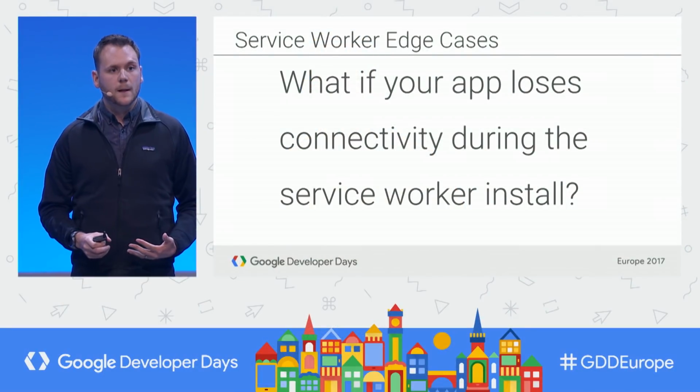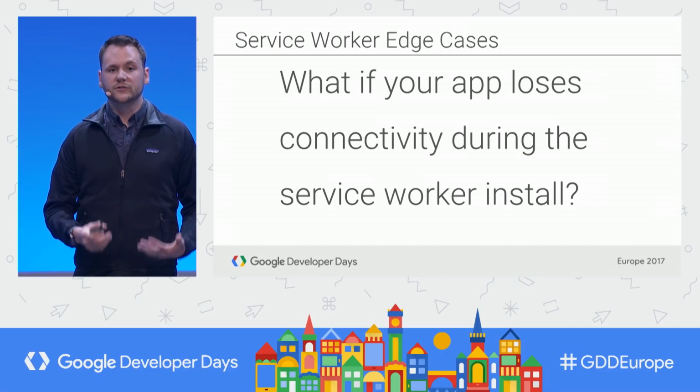There's also a lot of edge cases that end up coming up that you might not expect when you start using progressive web apps or service workers. So a lot of us have talked about intermittent connectivity and offline use cases. One of the things that can happen very easily is, what if your app loses connectivity during the service worker install? A naive implementation that you might do yourself might fail out and say, hey, I can't use any of these assets.